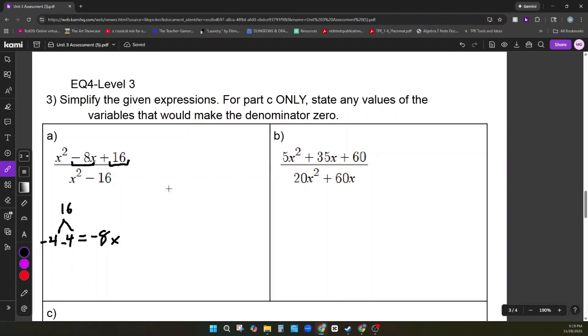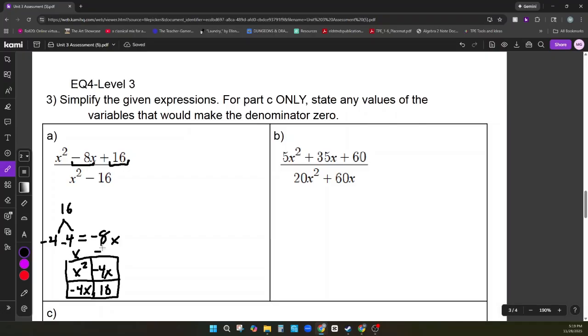So we're doing my factor box. That is going to be x squared and 16, negative 4x and negative 4x.